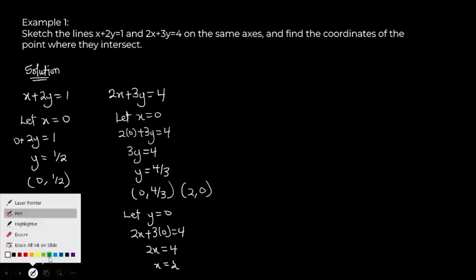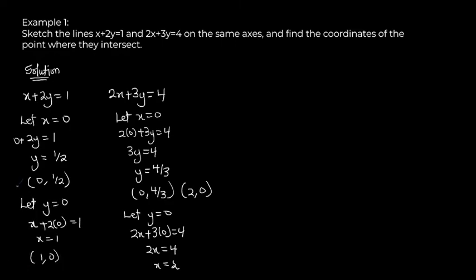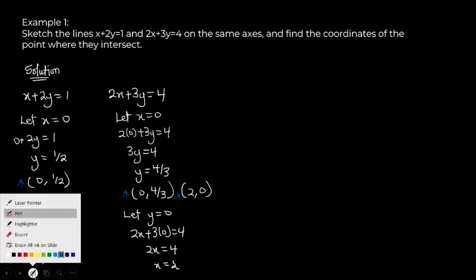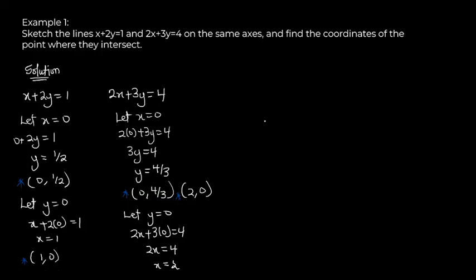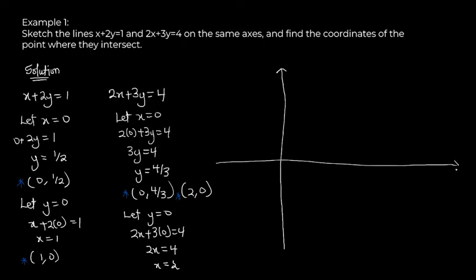So we are going to plot these coordinates to get our lines for these two equations. Let's say I draw the Cartesian plane, just a rough sketch of my Cartesian plane, and then I have here 0, 1, 2, 3, 4, 5, 6.